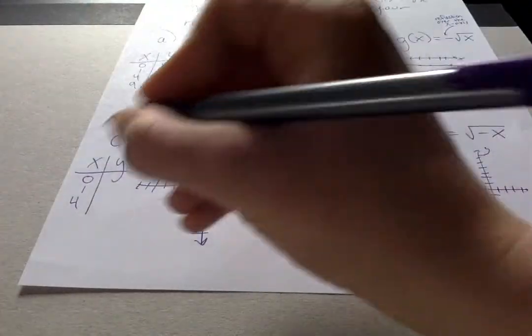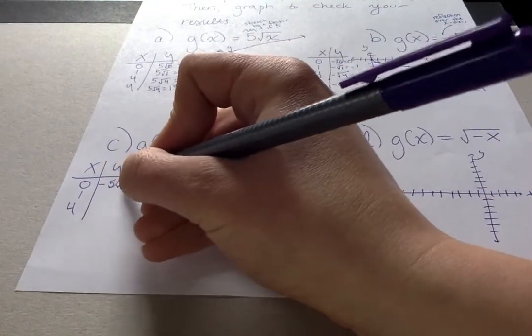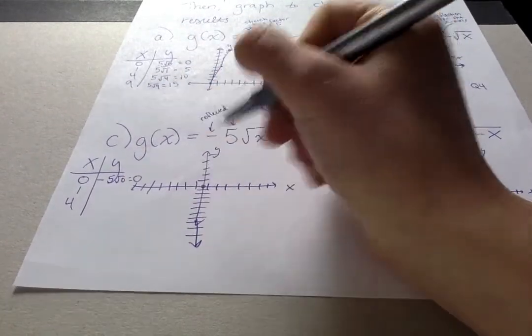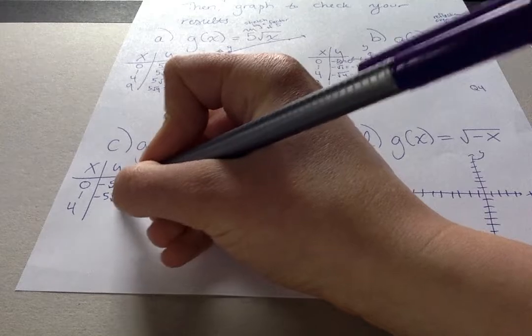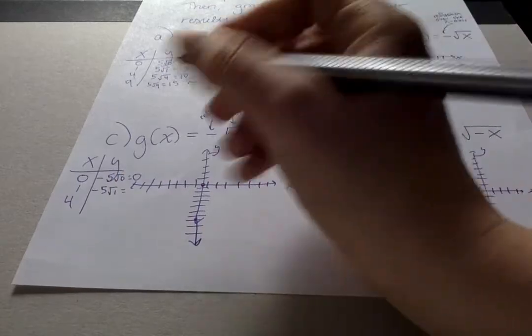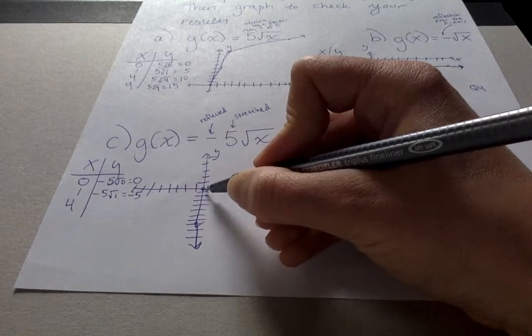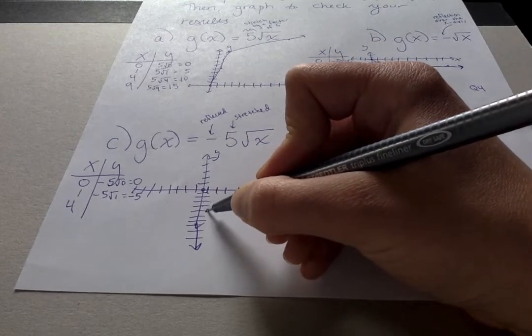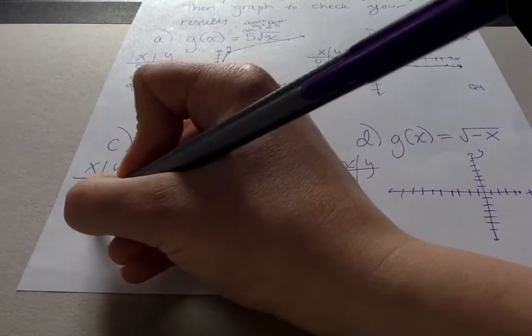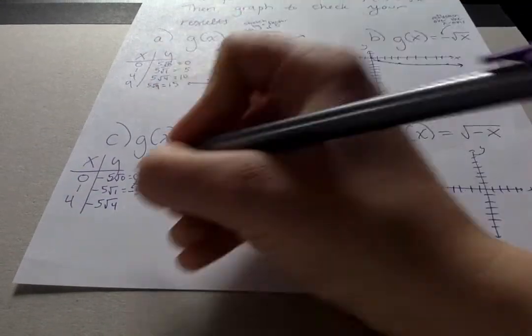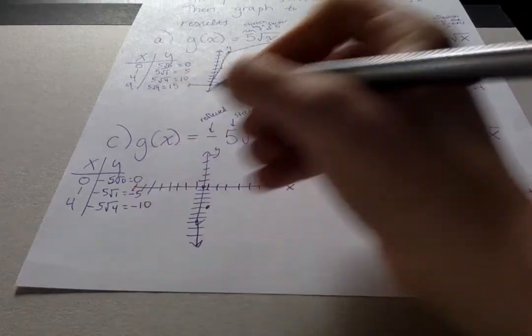I don't think 9 is going to fit on there. So we have negative 5 square root 0. Well, negative 5 times 0 is still 0. I have negative 5 times the square root of 1. Well, the square root of 1 is 1 times negative 5 is negative 5. So my point is 1, negative 5. Then I have negative 5 square root of 4. Well, the square root of 4 is 2 times negative 5 is negative 10.